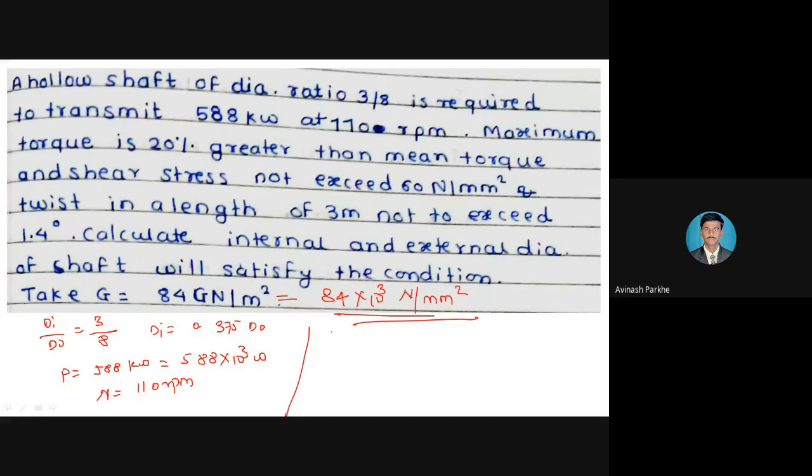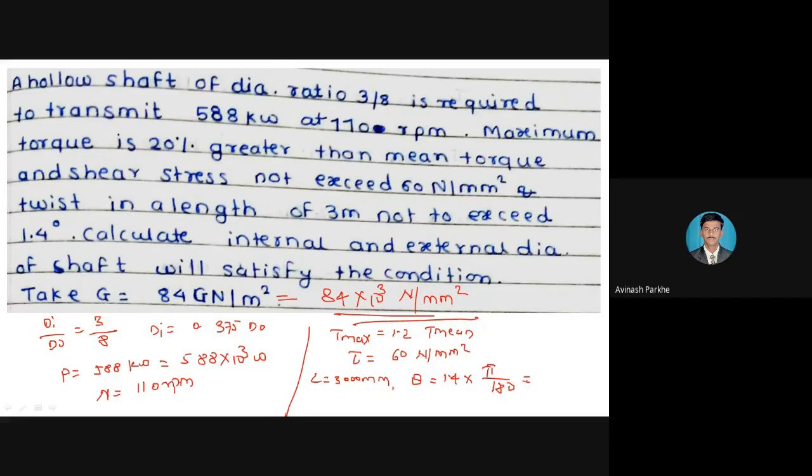Then T max is equal to 1.2 into T mean. Tau is given how much? 60 Newton per mm square. Length of shaft 3000 mm. Theta is equal to 1.4 into pi by 180.